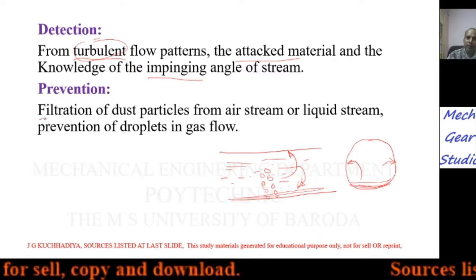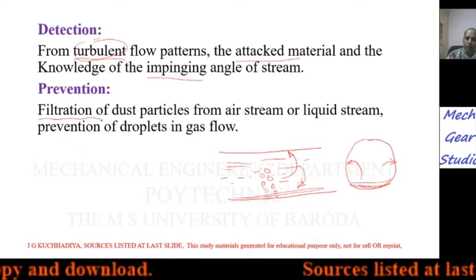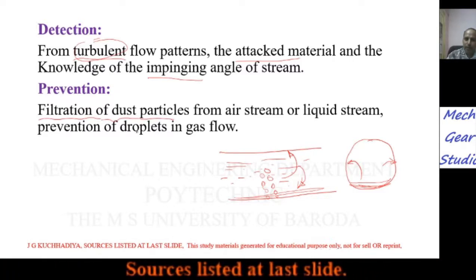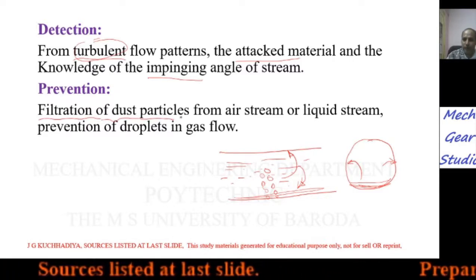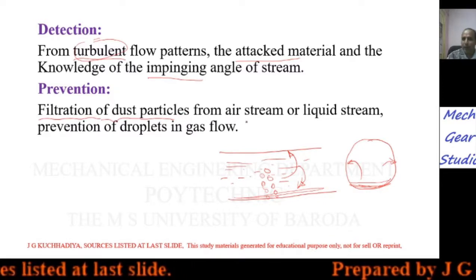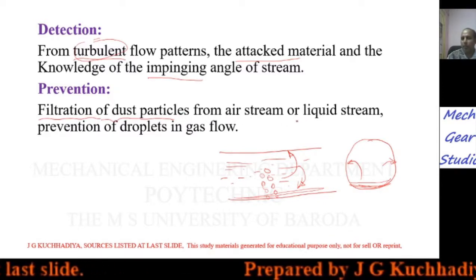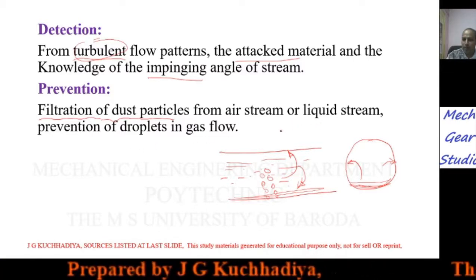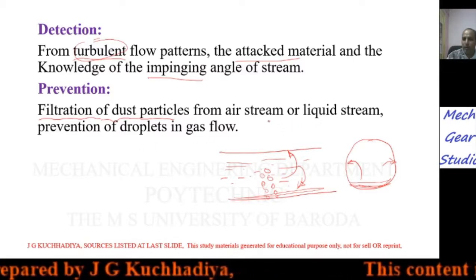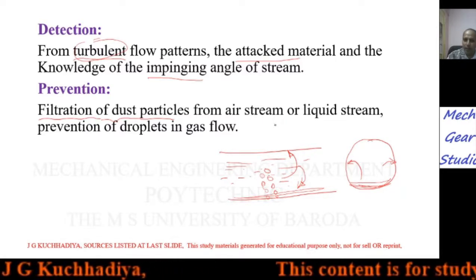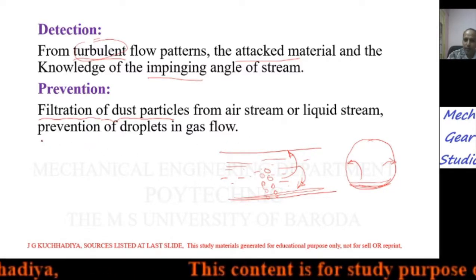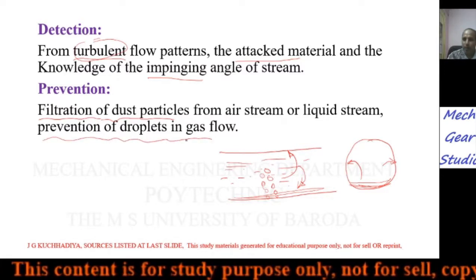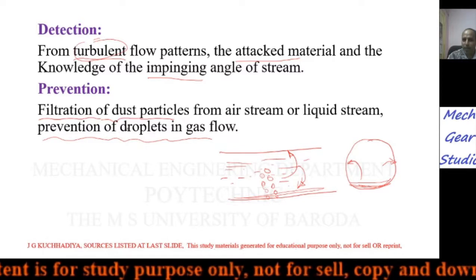Here filtration is the prime practice or technique to reduce the wear. If by using filtration we remove the particles, then the effect of the particles will be reduced up to 100%. So this is the main practice where solid particles are going with air or gas. And in a steam turbine, we have to provide enough heat to prevent droplet creation in the last stage of the turbine.